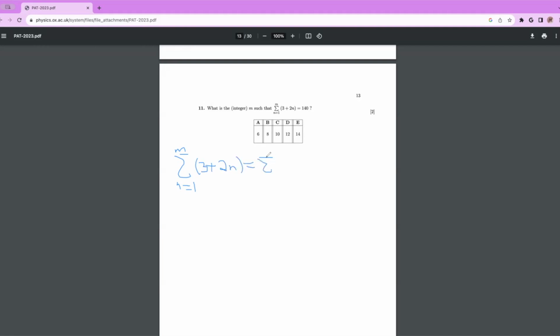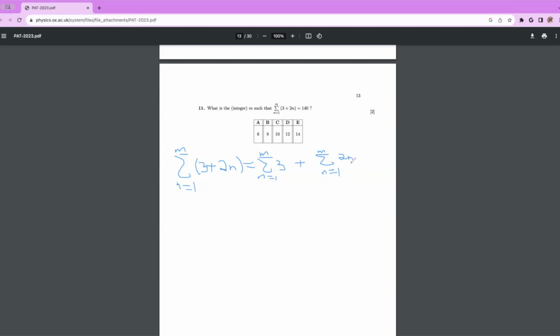So the sum from n equals 1 to m of 3 plus 2n is going to be the sum from 1 to m of 3 plus the sum from n equals 1 to m of 2n.